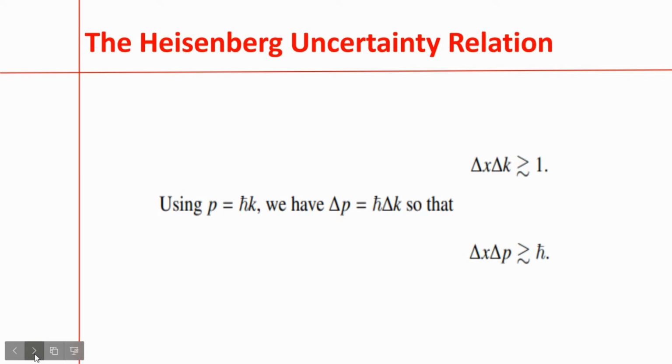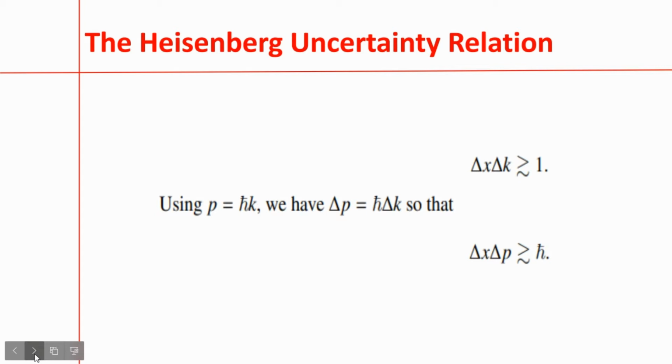A closer look at this result is warranted. A wave packet that has a significant amplitude within a region of size 2 delta x was constructed from harmonic wave functions, which represent a range of momentum in the interval p bar minus delta p to p bar plus delta p.